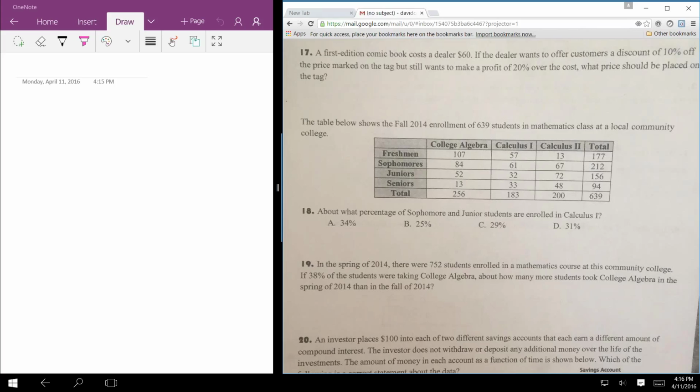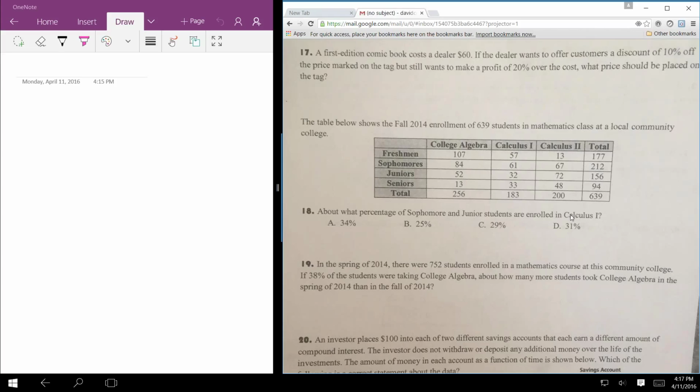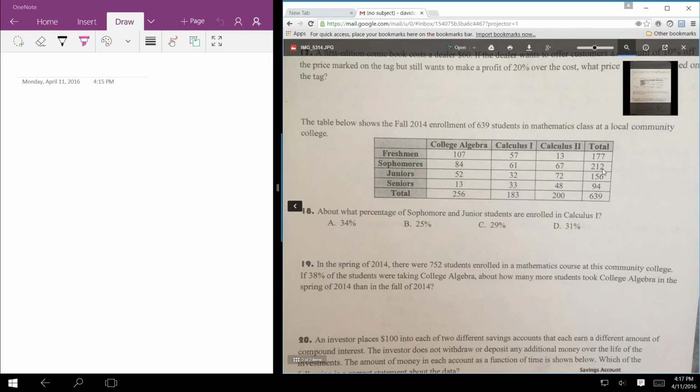Read the table. The totals are over on the right side. How many total sophomores and juniors are there? Sophomores are 212 and juniors are 157. Add those together. That's their total.